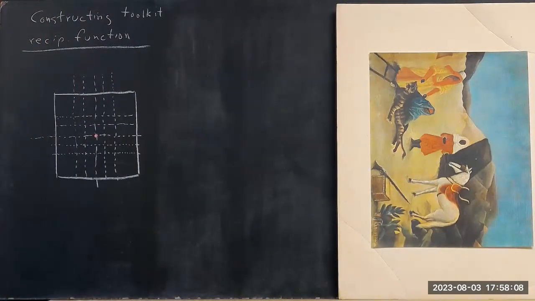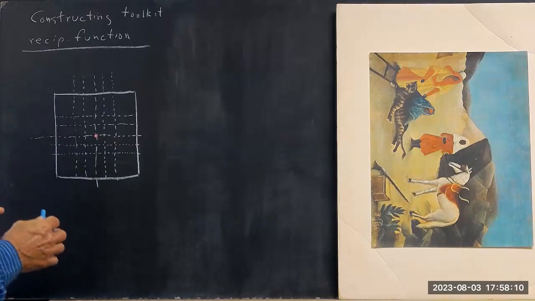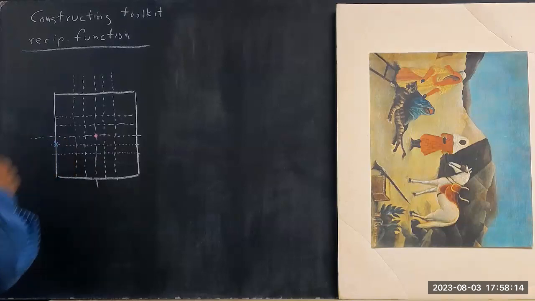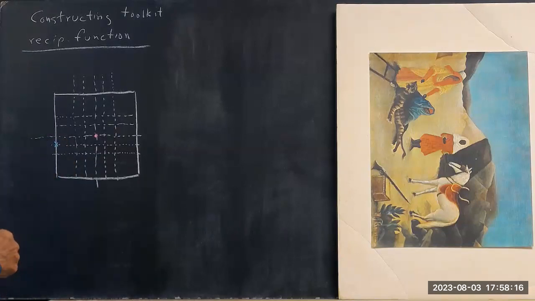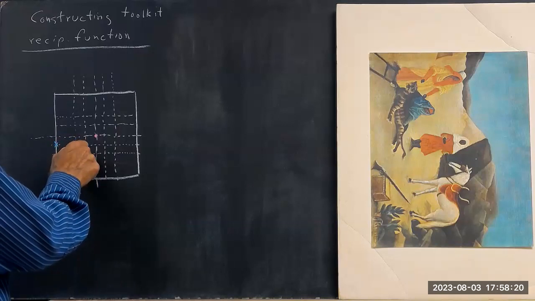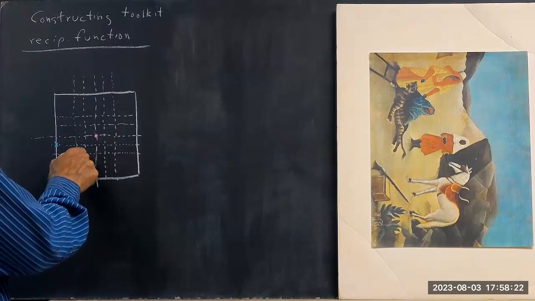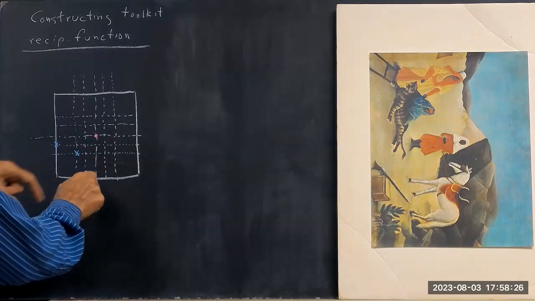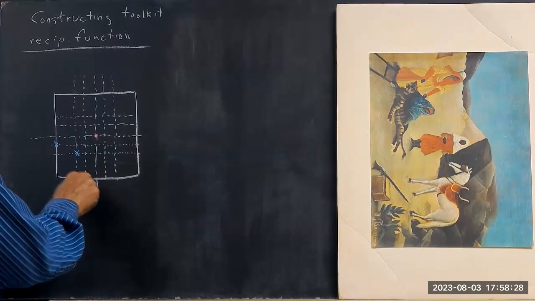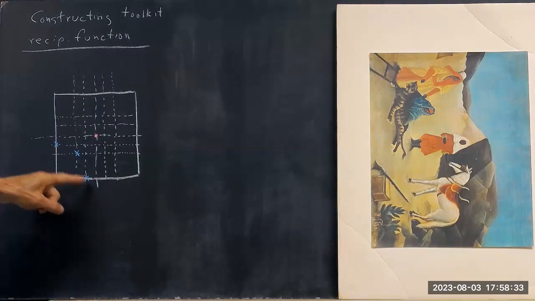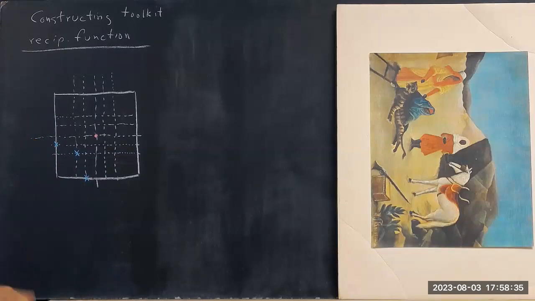Okay, we're going to start at this point. Then we're going to move one to the right and one down to this point. And then we're going to do this point. Now we can see how this point and this point are in a sense symmetric.